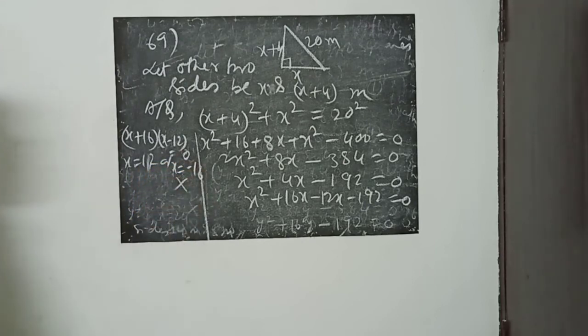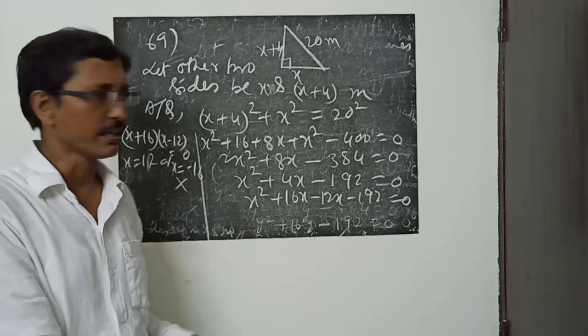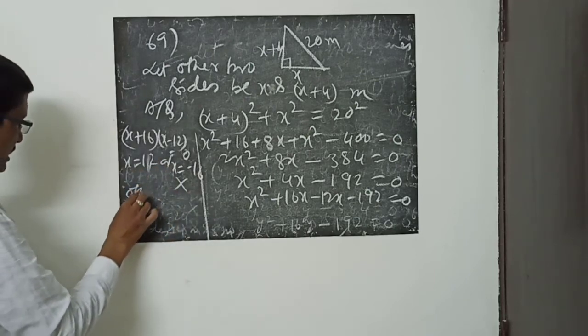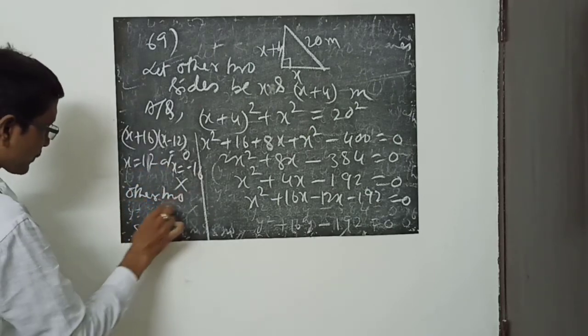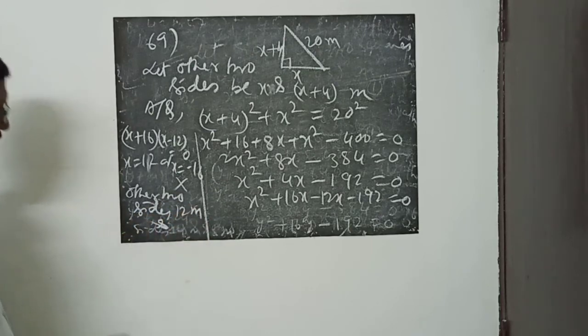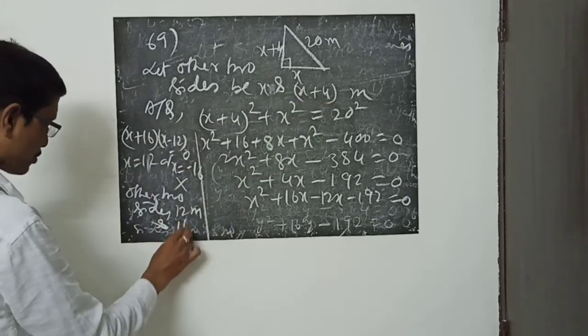But x is the length of the side, so it cannot be negative. So x is not minus 16. Therefore the other two sides become 12 meters and 12 plus 4, 16 meters.